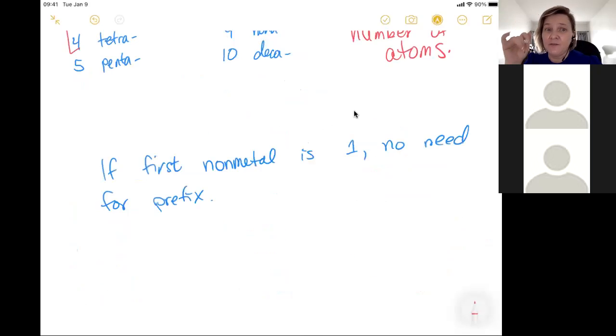exception is that if the first non-metal has only one atom in it, you don't need a prefix. I don't know why that's a rule. I'm sure there's a reason for it, but if the second atom is only one, you do need a prefix.